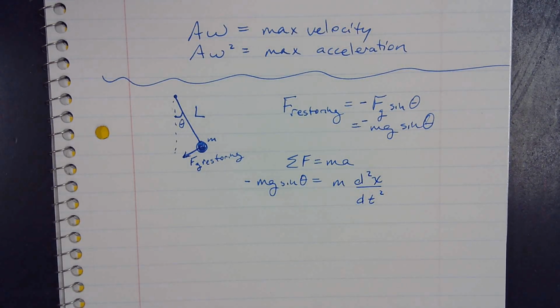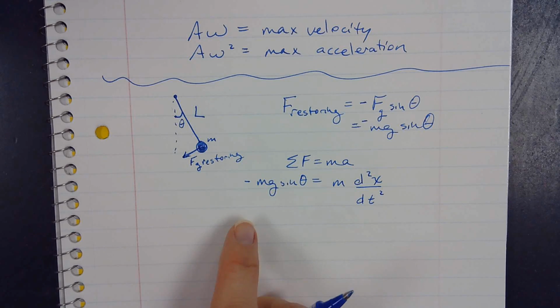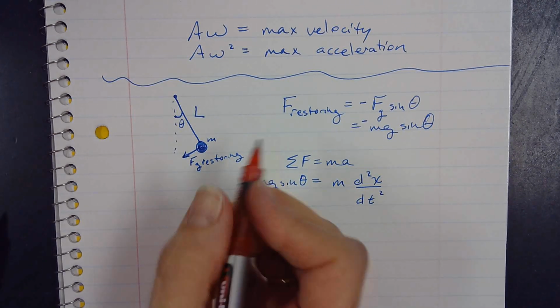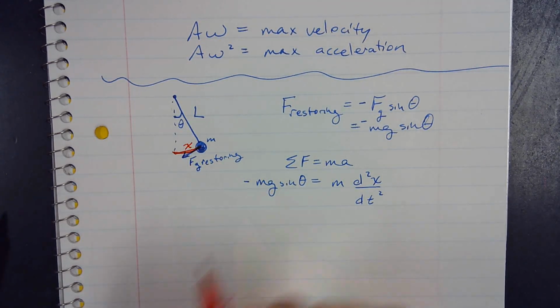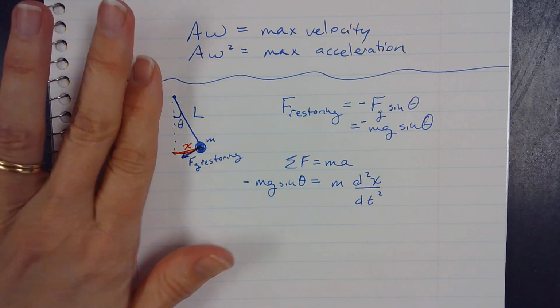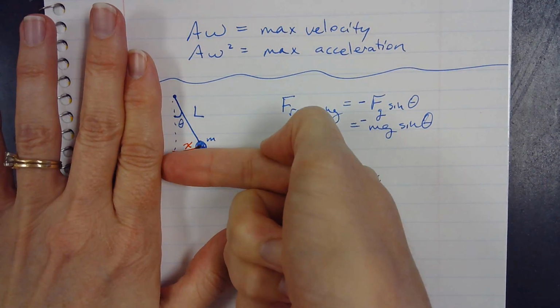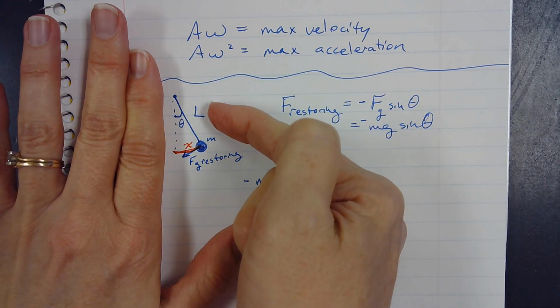Now we can't solve this as written because we don't have a displacement on the left. We have the sine of an angle. So we are going to make an approximation. We are going to say that this distance, x, is approximately a right triangle. If you do small angles, this is a right triangle where L is the hypotenuse.